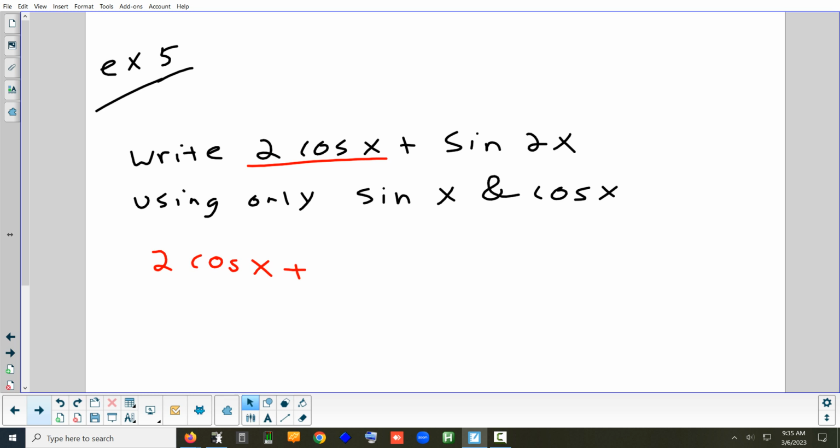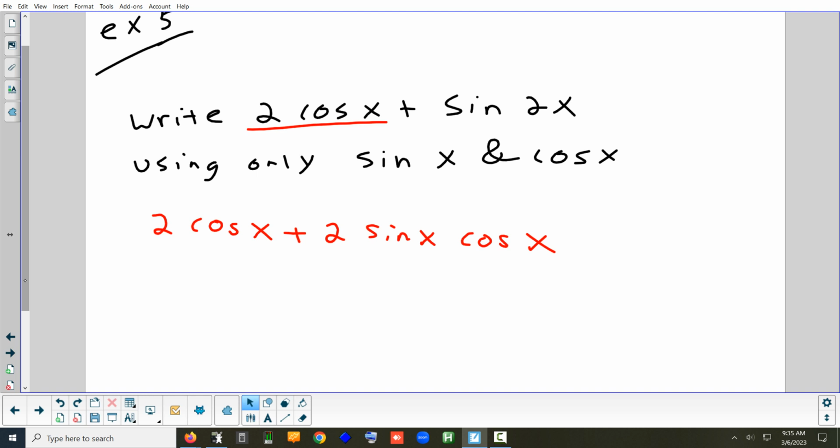And my question is, what do you get when you simplify that? 2 sine x, cosine x. Now, technically, we've done what they wanted. It said to write in terms of just sines with x's and cosines with x's. So we've done it.